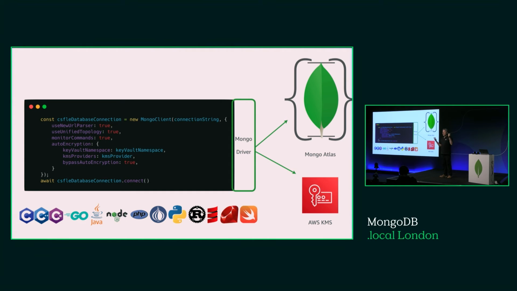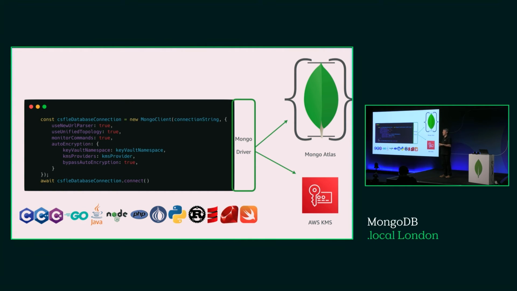Once you know that, the rest is pretty easy, because MongoDB provides a Mongo driver, as you know, in a dozen different programming languages. And that Mongo driver does all the heavy lifting for us. We just have to tell it, hey, this is the key, this is how to access KMS.